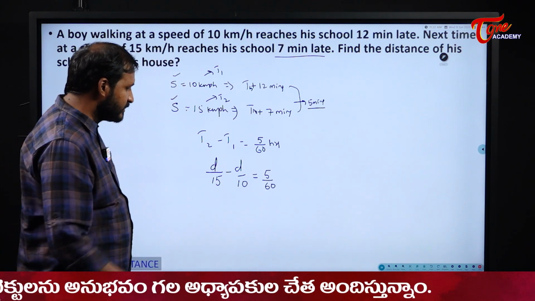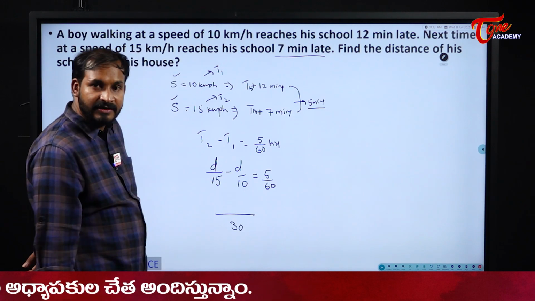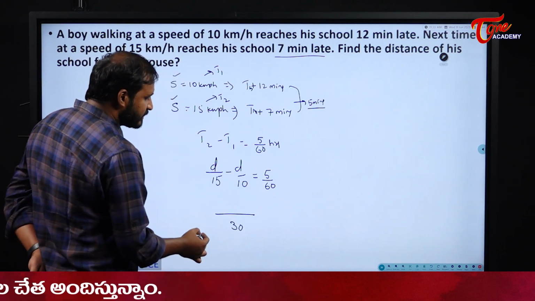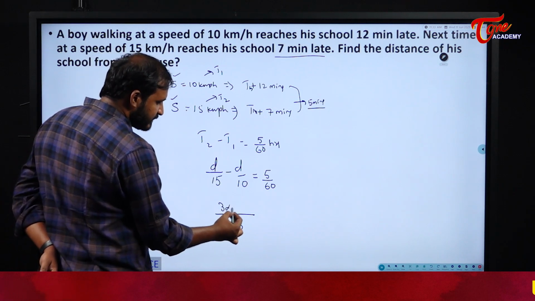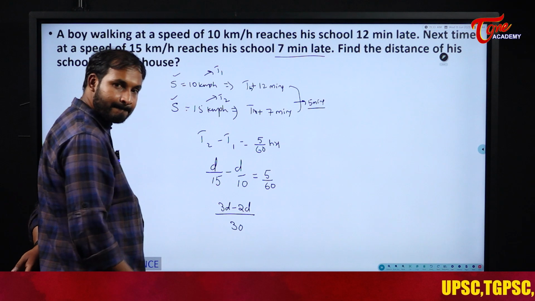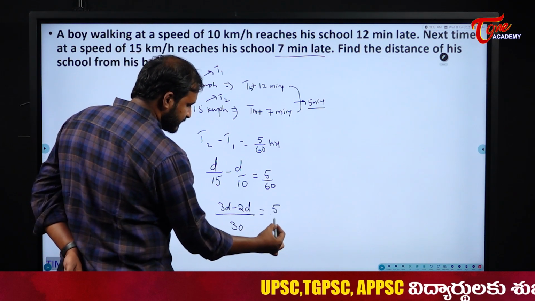What is the LCM of 10 and 15, students? 30. So what you will get here? 3D minus 2D, that is equal to 5 by 60.